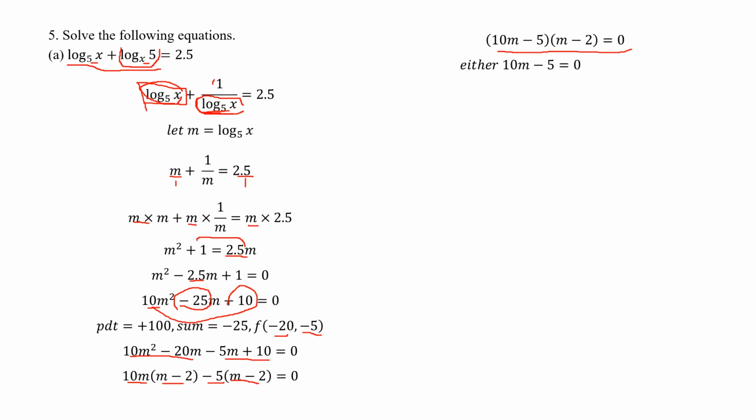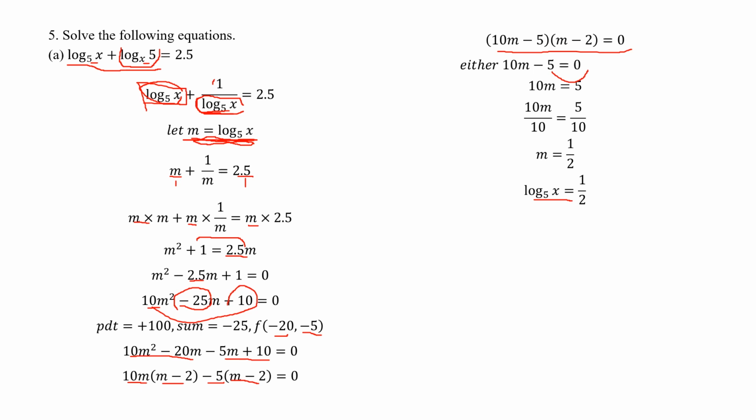I take the minus 5 the other side of the equation to have 10m is equal to positive 5. I divide both sides by 10 to have m as 5 all over 10. When you reduce, it is 1 all over 2. Then I come back here, my m is the same as the log of x base 5. So I'm going to say my log of x base 5 is equal to a half, just like that.